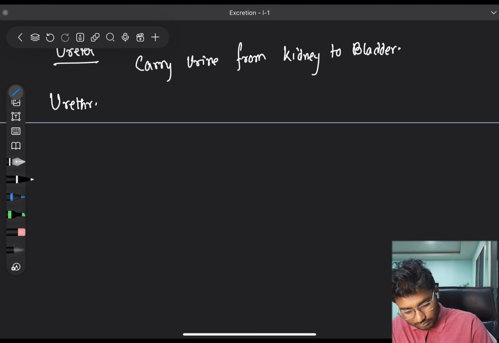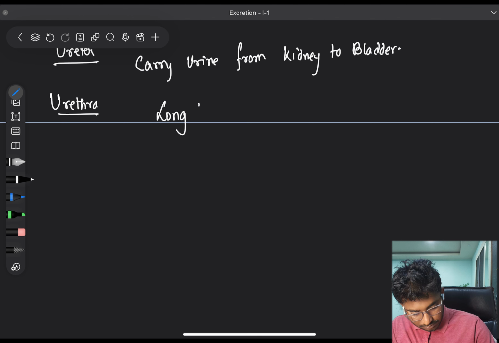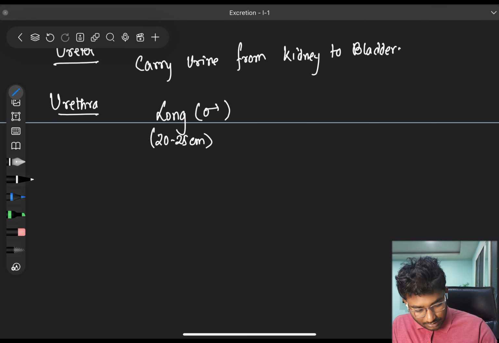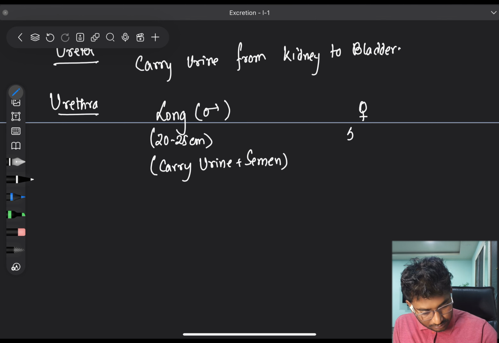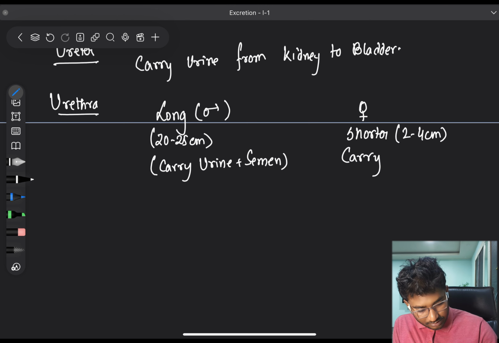Urethra: long, 20 to 25 centimeter. Urethra in male can carry urine plus semen. Female is shorter, 2 to 4 centimeter only, and carries only urine.